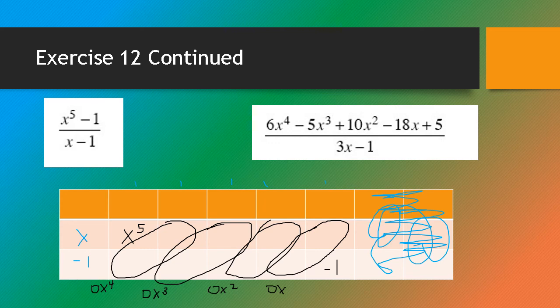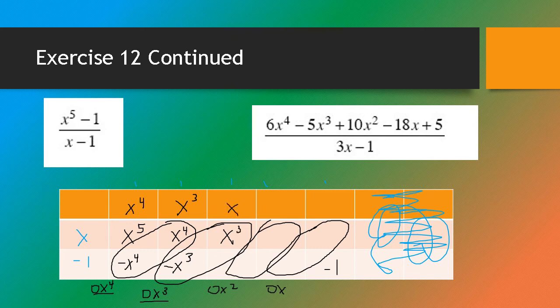So we get started. x to the 4th times x is x to the 5th, and x to the 4th times negative 1 is negative x to the 4th. But since I need 0 x to the 4ths, I need a positive x to the 4th here to make up for it. That means that this is x cubed times negative 1 is negative x cubed. To get 0, I need a positive x cubed here.